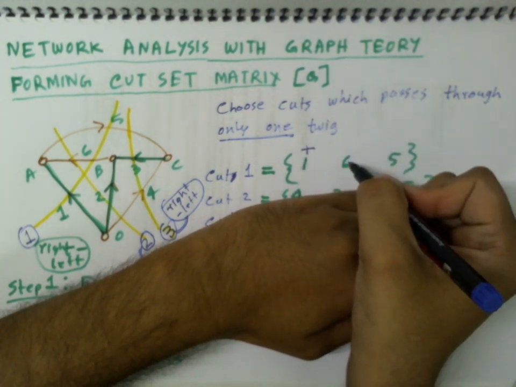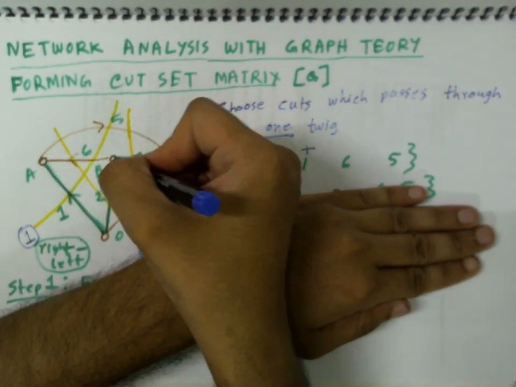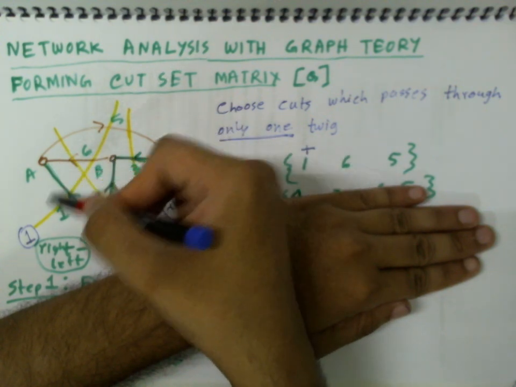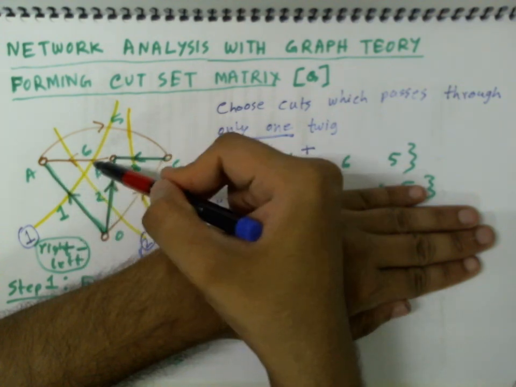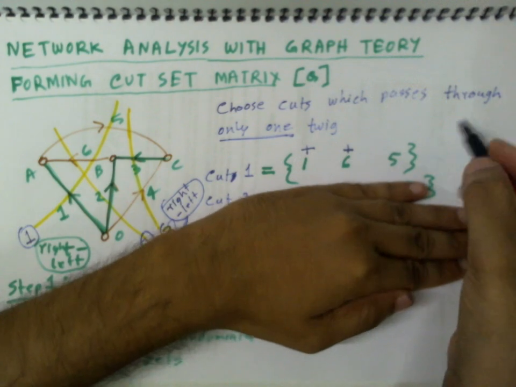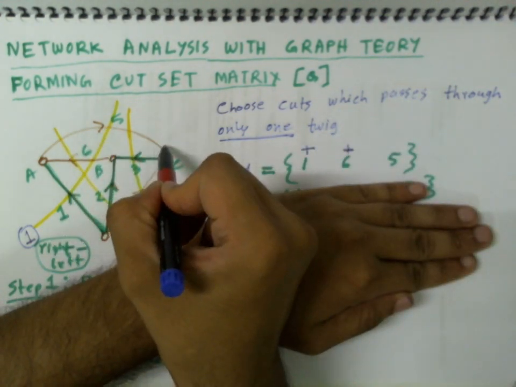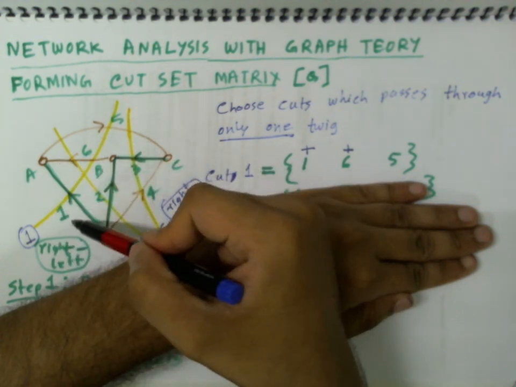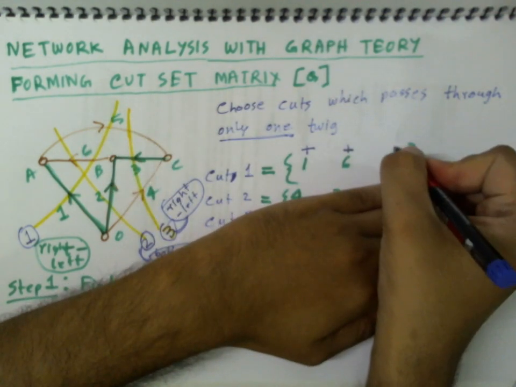Then this edge 6 is also going from right to left, the same as the direction of this cart, so I put a plus sign. Edge number 5 is going from left to right, but the direction of this cart is from right to left, so it's in the opposite direction, and I put a minus sign here.